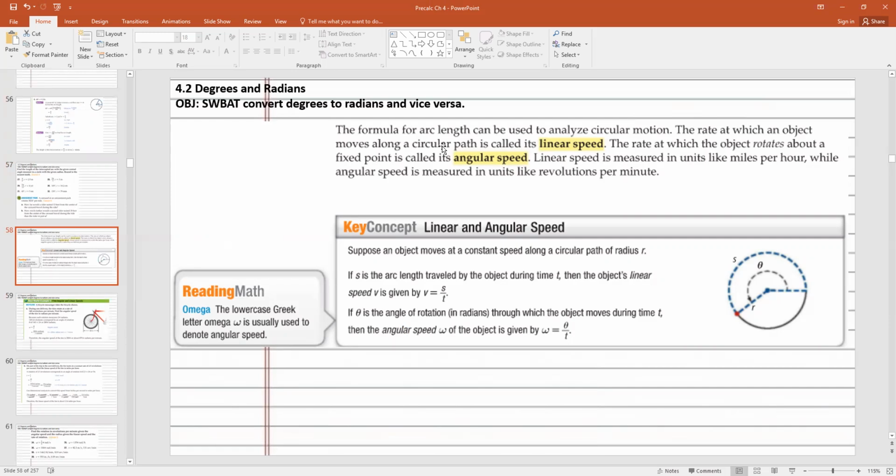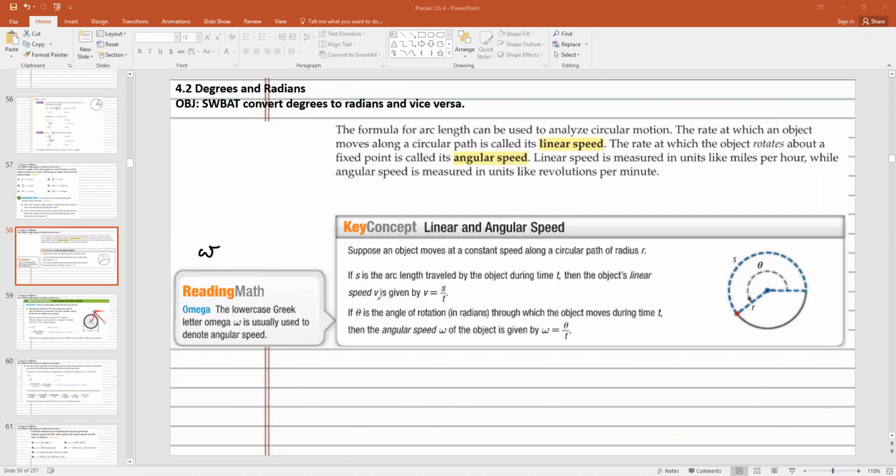And the rate at which the object rotates about a point, how fast it's moving, that's going to be our angular speed. Now notice it has a note there on the side, the lowercase Greek letter omega, that looks like a W. The letter omega is usually used to denote angular speed.